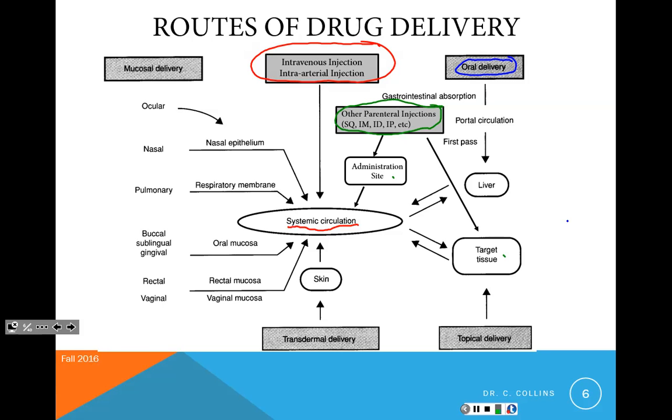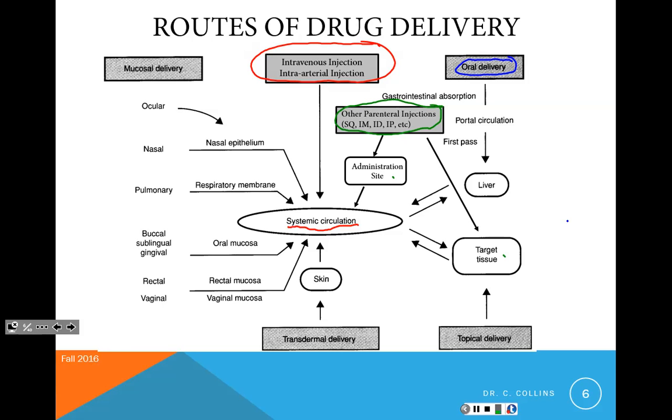The liver, as you recall, is one of the significant organs of drug elimination because of its biotransformation pathways. There's even some excretion pathways there. So when we design our drug, and if we're giving it orally, and it's eliminated by the liver in a significant fashion, we may have to add extra drug to our dosage form to make certain that enough gets by the liver so that it can have a systemic effect.